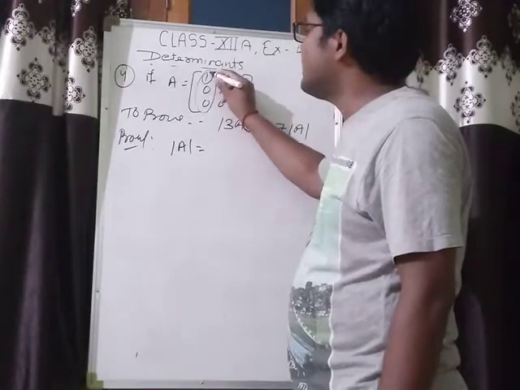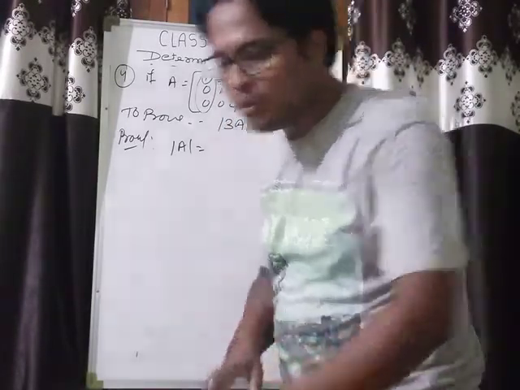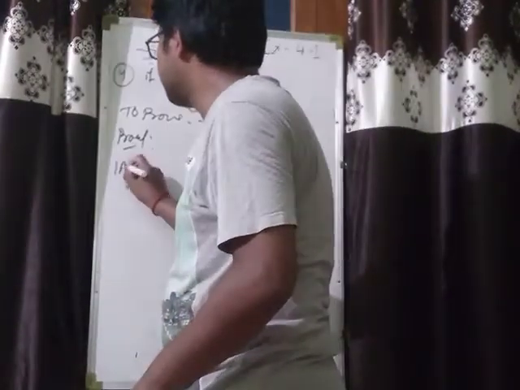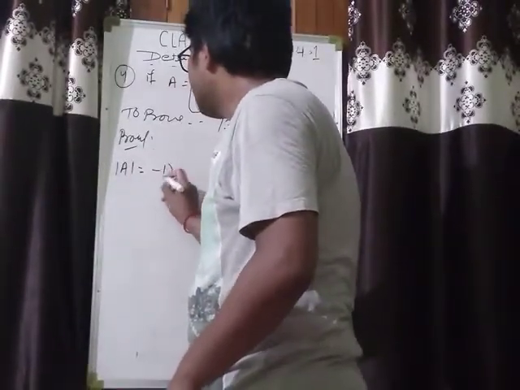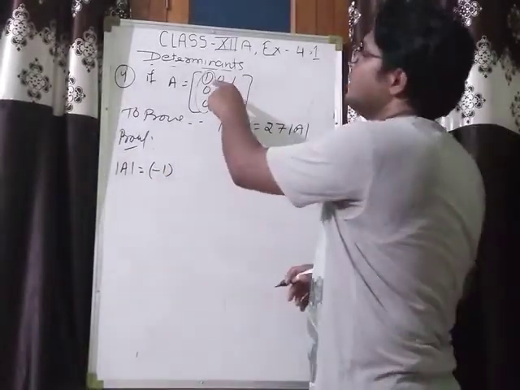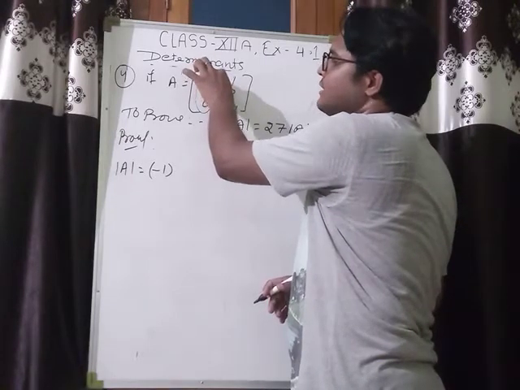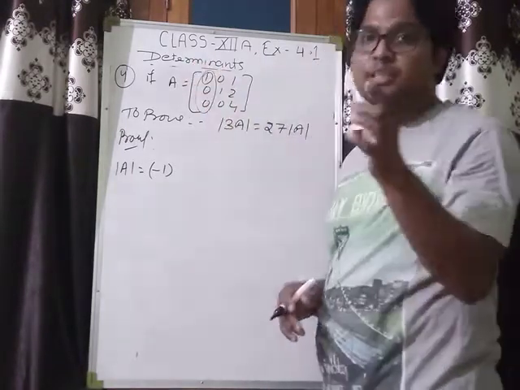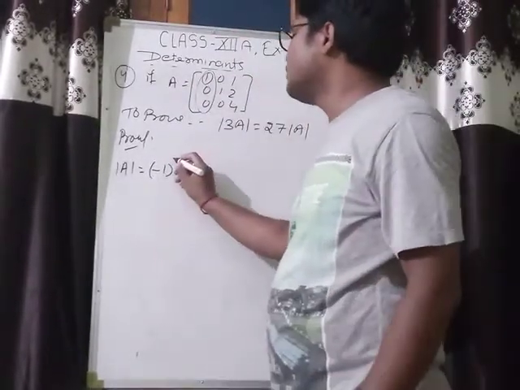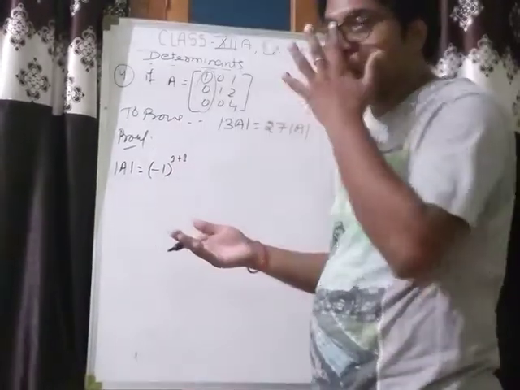First take this element. So first of all we have to write here, determinant of A is -1 to the power its entry. Which entry is this? This is the 1/1th entry, related to first row and first column, so -1 to the power first row plus first column.